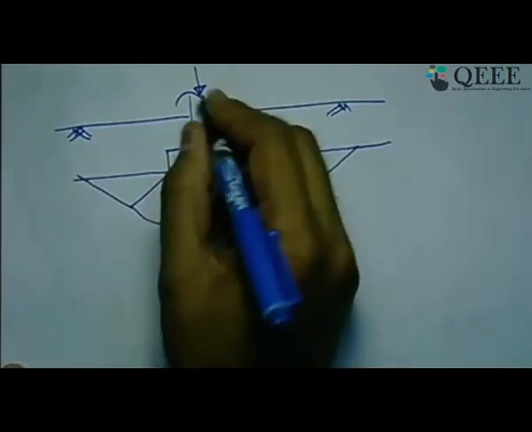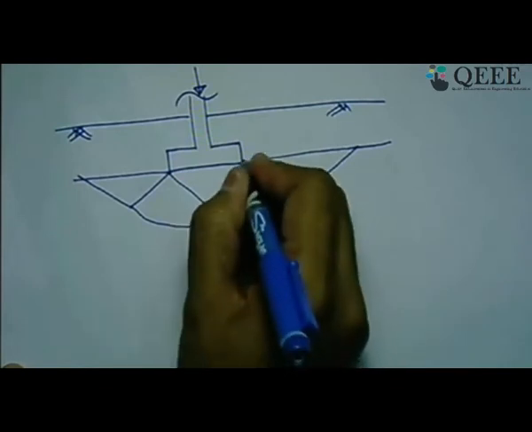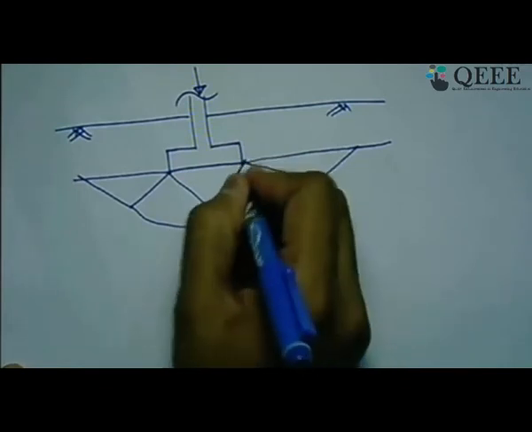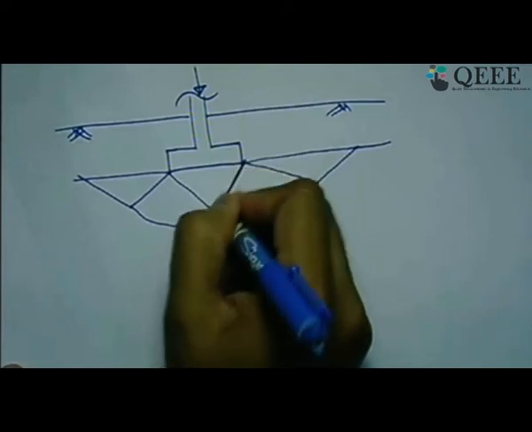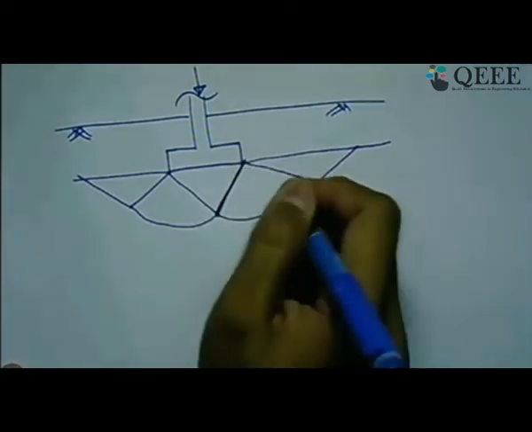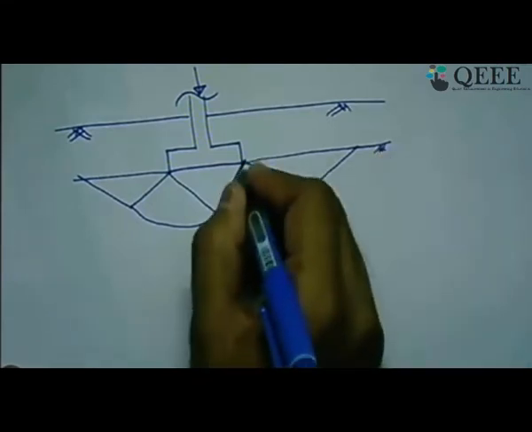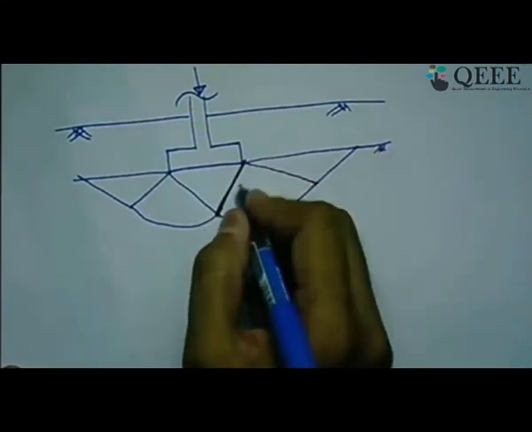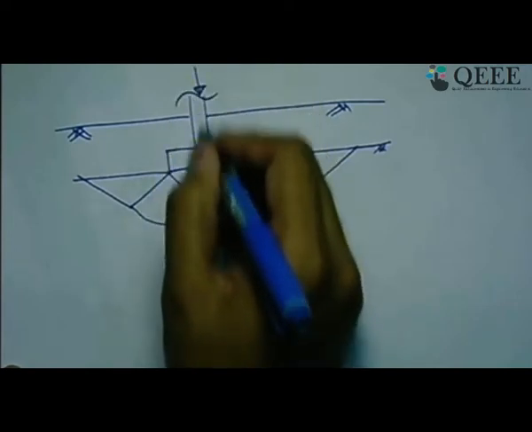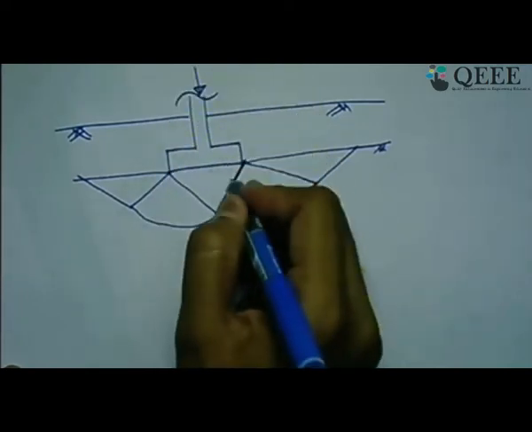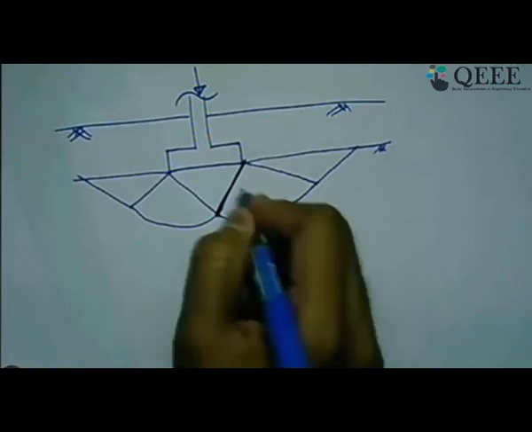Essentially, we know that if we consider this plane as an imaginary wall, and we consider this as the backfill material for this wall, then when the footing is getting loaded, this wall is trying to get pushed towards the backfill.